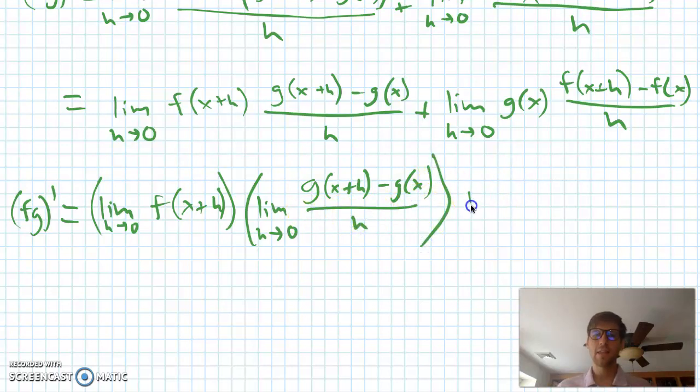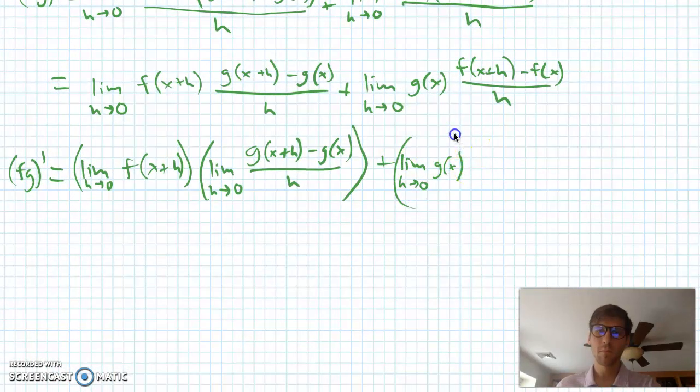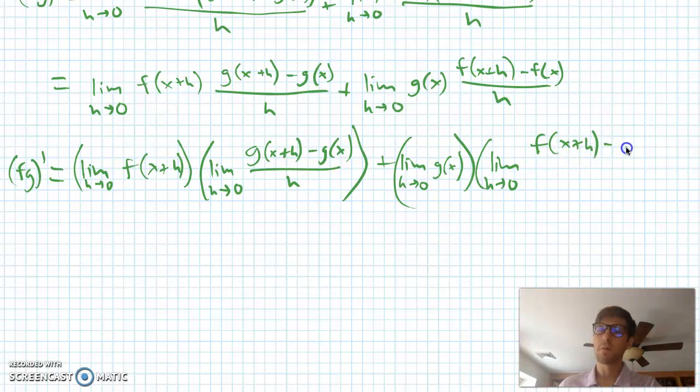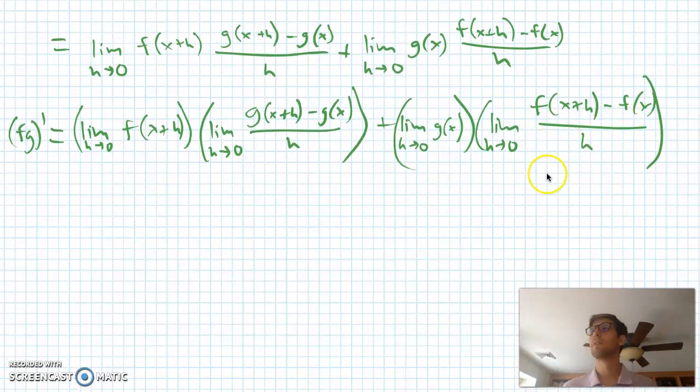And then once I do the same thing over here, again, I'm going to need to zoom out. This limit over here is, as you can see, the limit definition of the derivative of f.